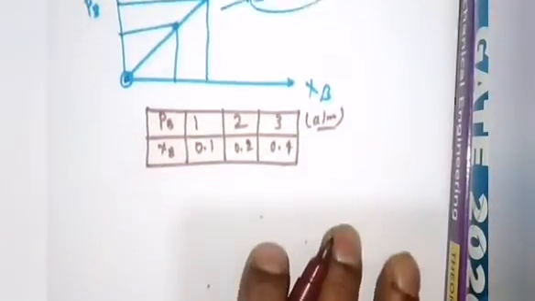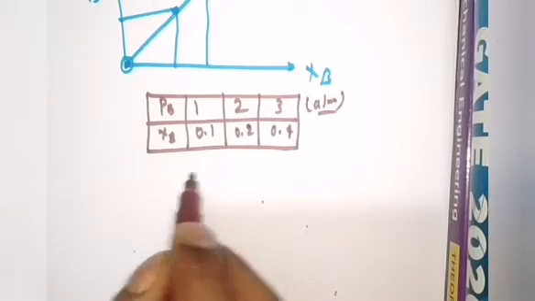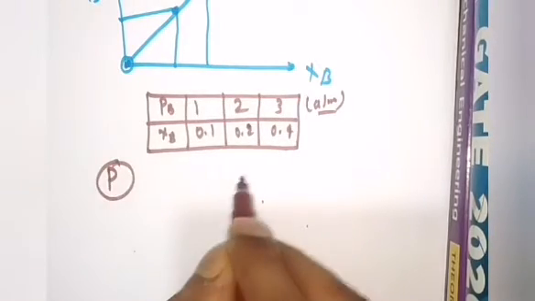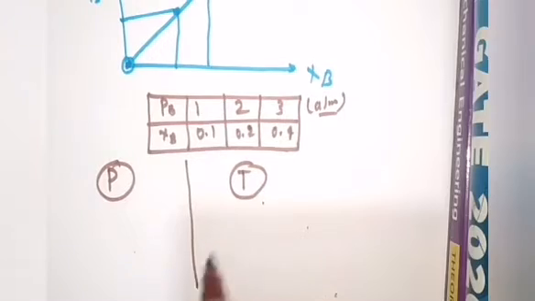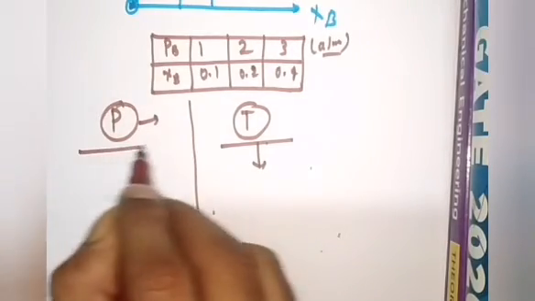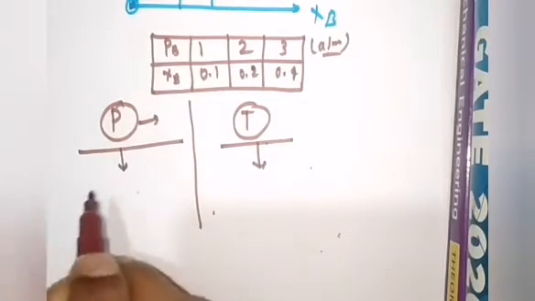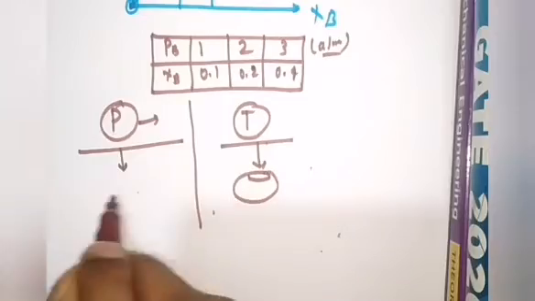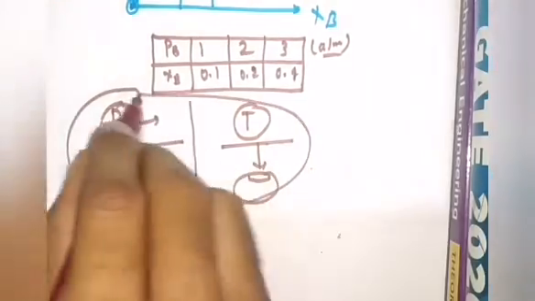Okay, so these two things will come: pressure supported phenomenon and temperature supported phenomenon. If you are going to discuss the effect of temperature on the solubility of gas, then you have to keep the pressure constant, and if you are going to discuss the effect of pressure on the solubility of gas, you have to keep the temperature constant. So they are both different things.